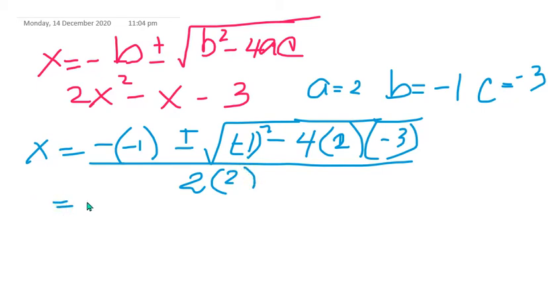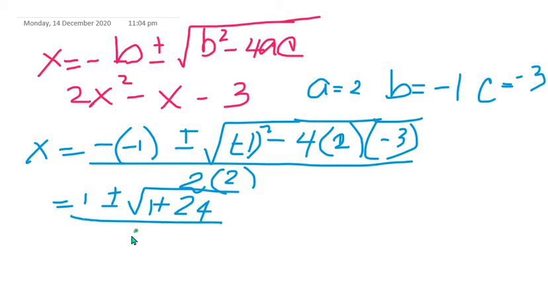So equals now 1 plus or minus square root of 1 plus 24 over 4. So we have now 1 plus or minus square root of 25, which is 5, over 4.